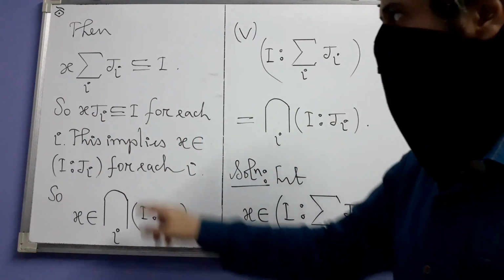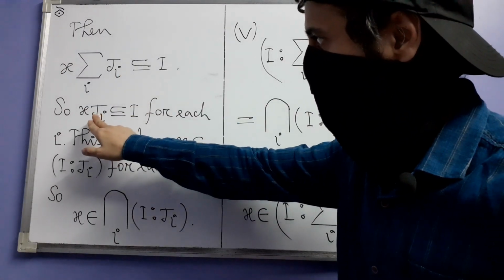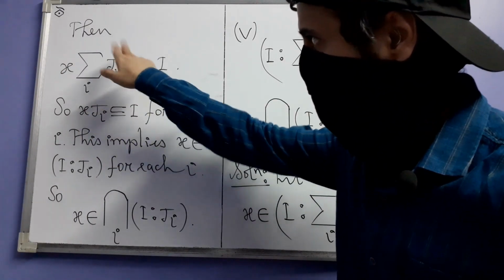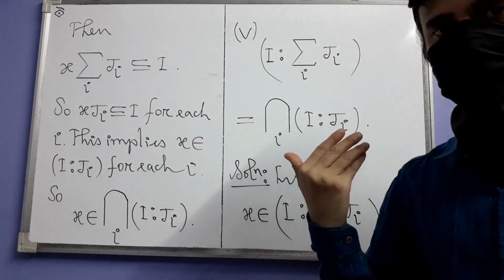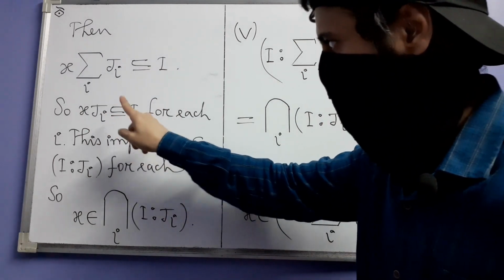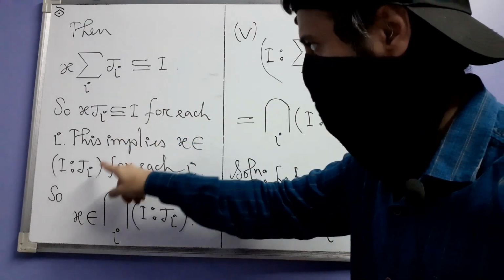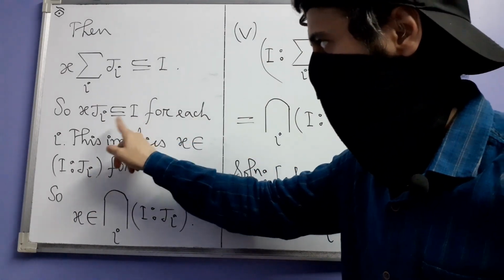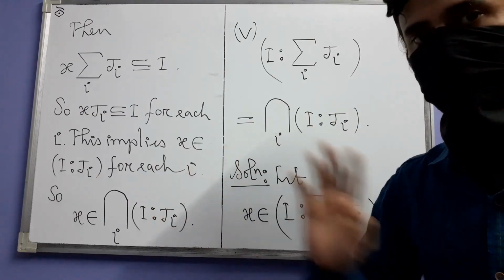Why? Well, that is because the ideal J_i is itself contained in the sum of all the J_i's. But then what does this tell you? This immediately tells you that x belongs to this ideal quotient of I and J_i for each i.